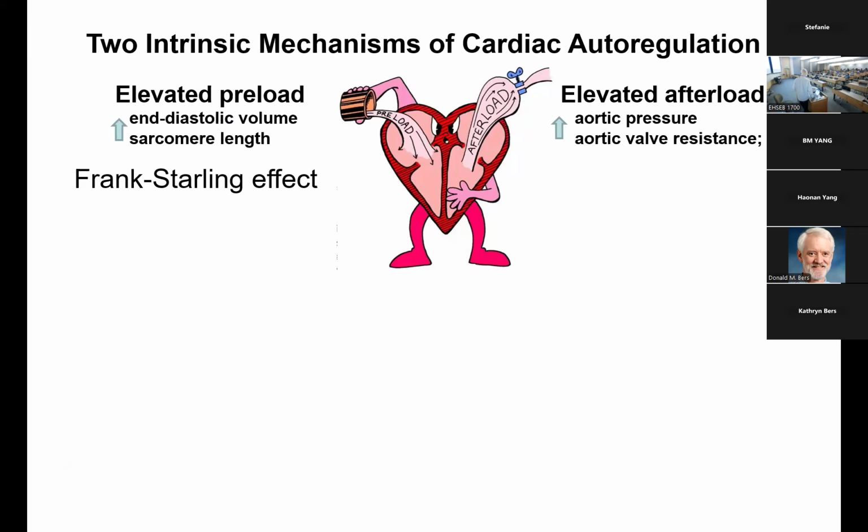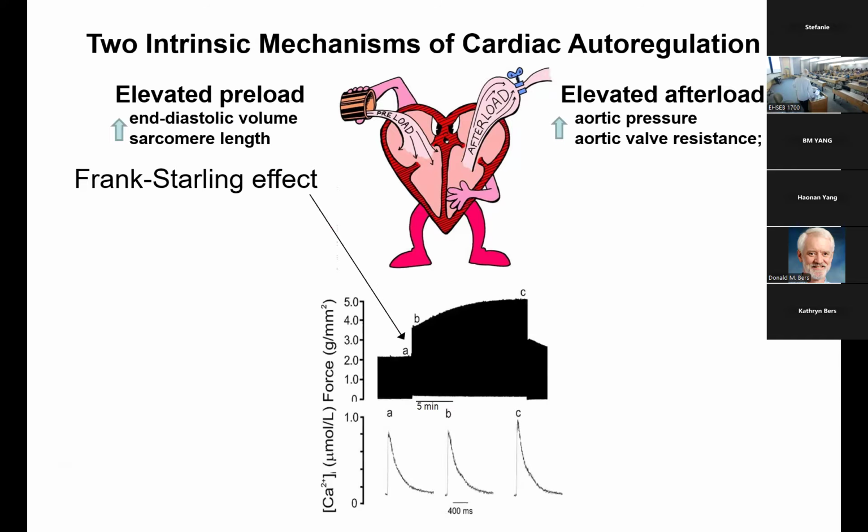So I'll take you sort of backwards here to a question that came up, where there are intrinsic mechanisms of cardiac autoregulation. It's kind of a side story, but bear with me. We all know about the Frank-Starling effect, where you increase the sarcomere length, and immediately there's an increase in the strength of contraction.